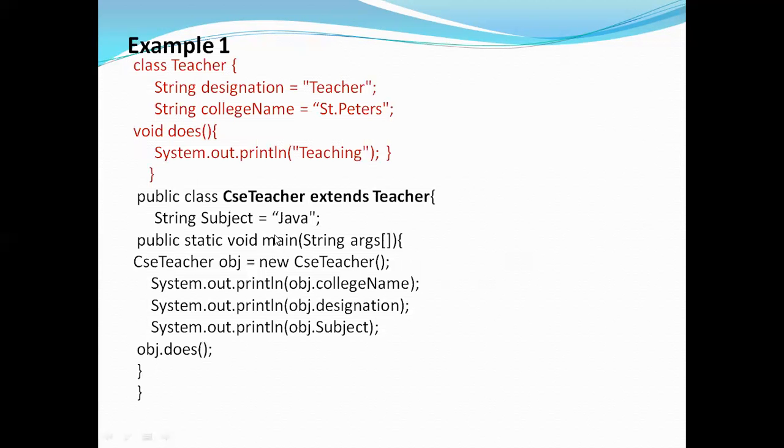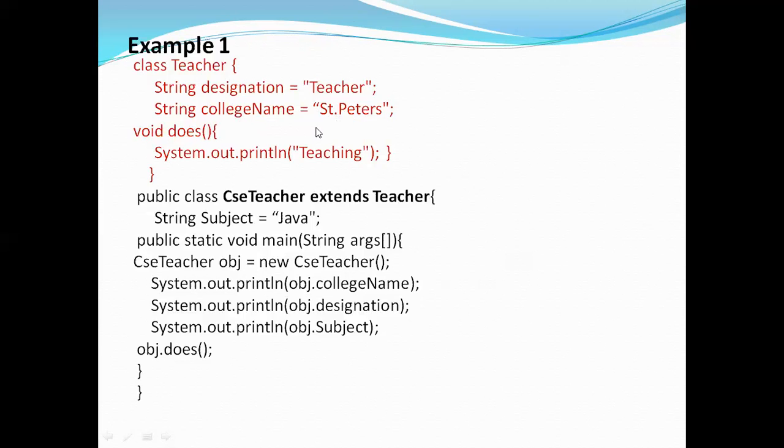Now let's see one example here. We have a class called teacher. So this is our superclass. Now in this teacher class we have two variables: string designation, to which I have given the value teacher, and next, college name, to which I have given the string St. Peters.